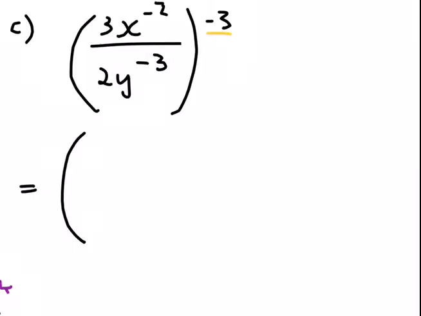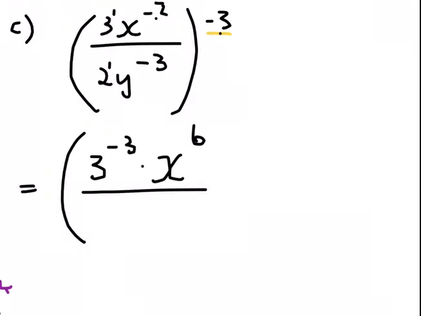So if we have invisible 1, then we have invisible 1. Do you already agree that we will have 3 to the exponent of that? And then here we will have x. What is that times that? It will definitely be positive 6. Divided by, if you multiply this by that, we have 2 to the exponent of negative 3, times y to the exponent of positive 9, because it's negative times negative, it becomes positive.